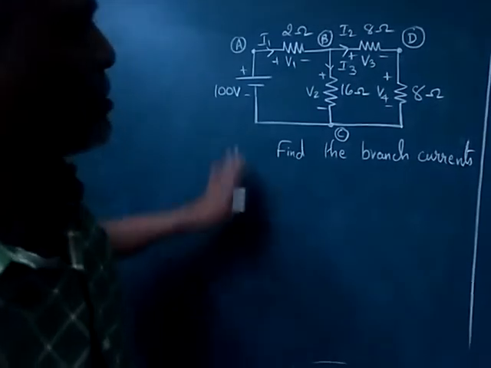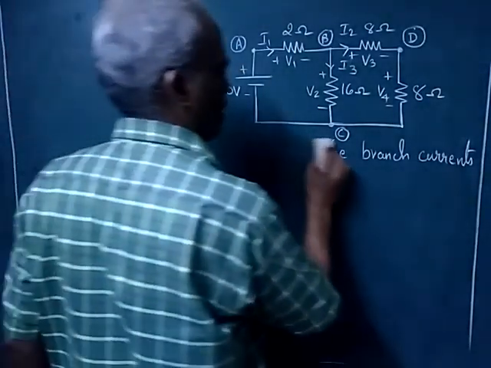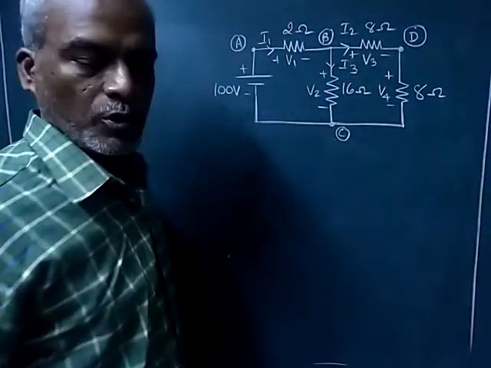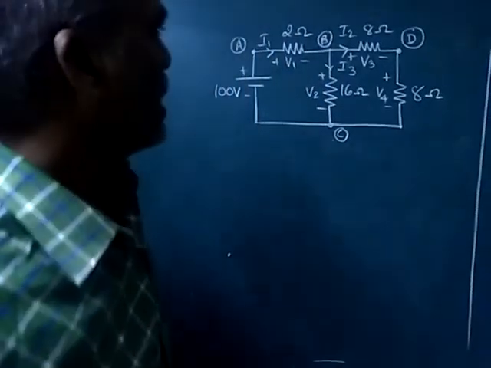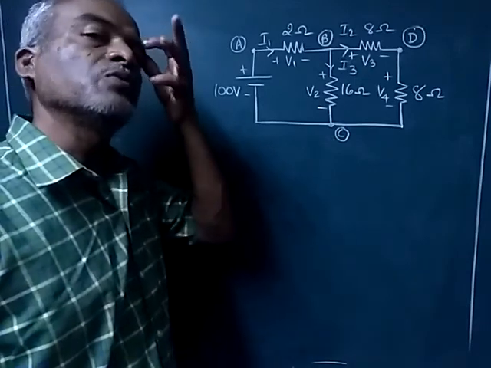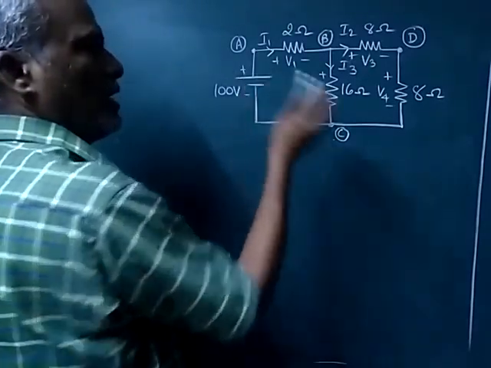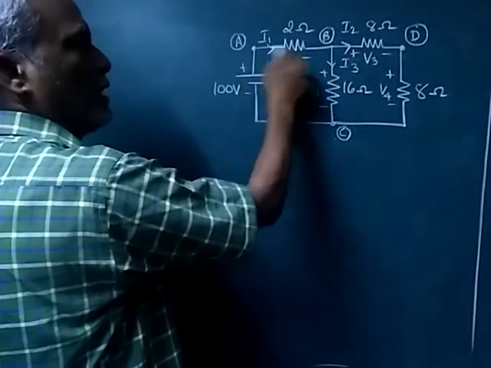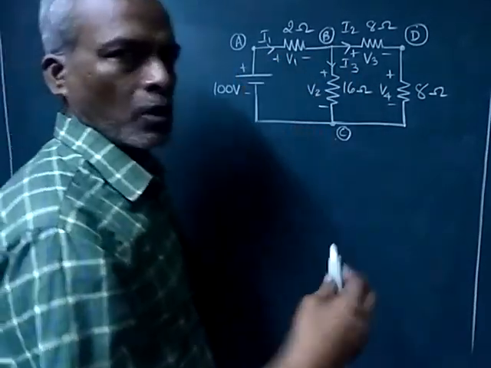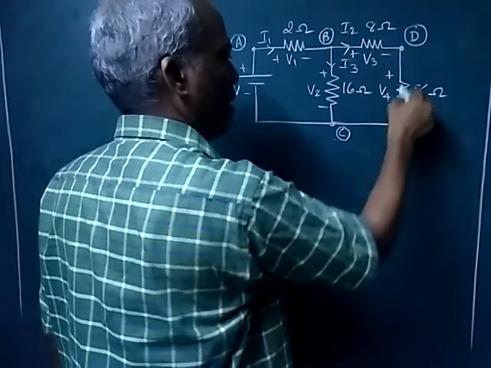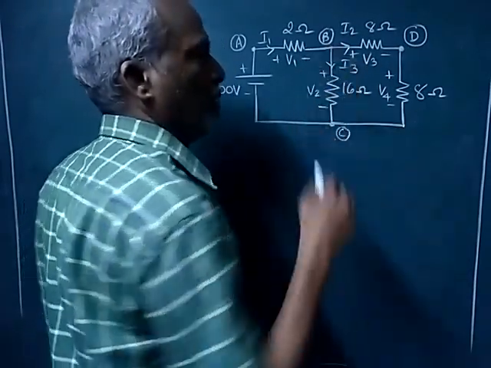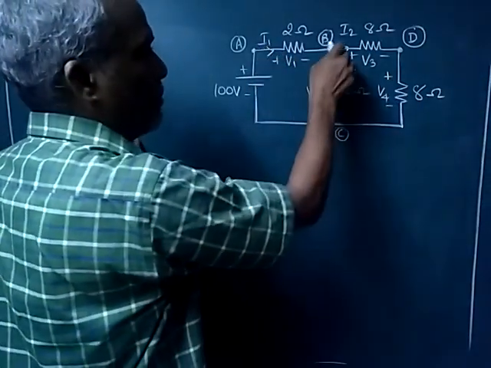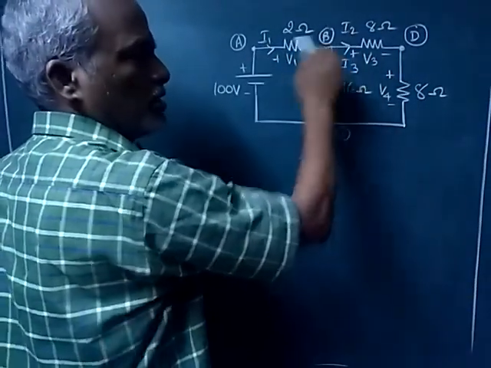So our aim is to find the currents. Now first, apply Kirchhoff's voltage law. You take any loop. You can take A, B, C and once again this loop, or you can take B, D, C and once again B, or you can take the outer loop also, A, B. You need not include this; it should be a closed loop.